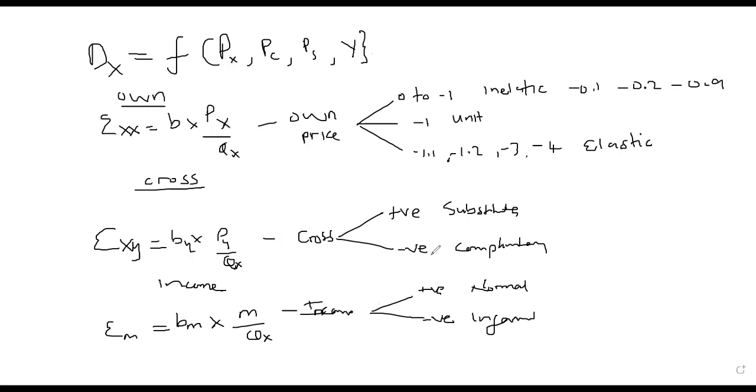All right. So we have other factors that affect demand, like taste, like technology, expectations, weather, population, etc. There are many factors. I'm going to only depend on these 3 or 4.